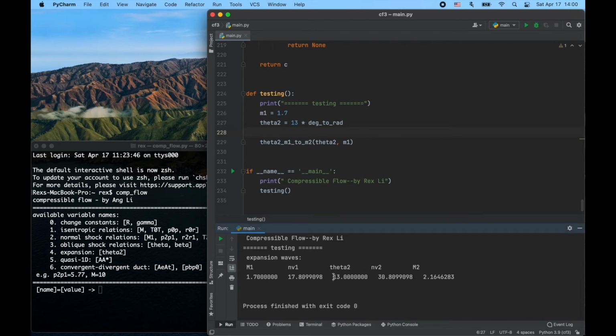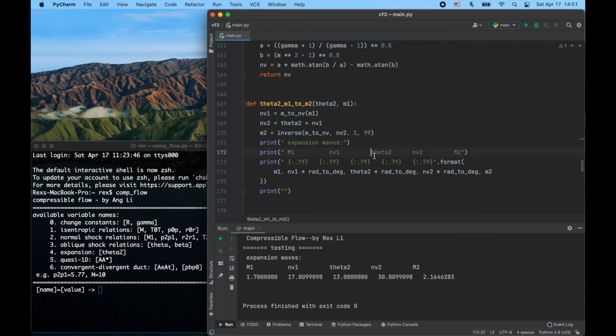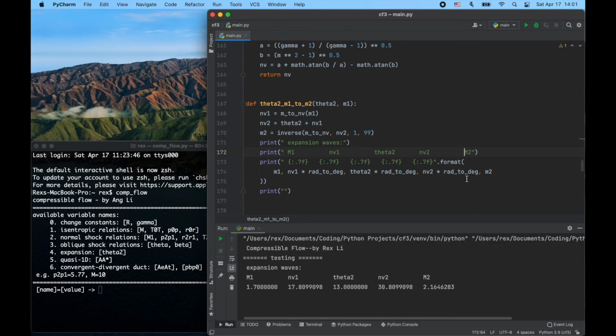Theta 2 is 13 degrees, nu 2 is this number plus this number. And we find M2, and that is larger than M1. It looks all right. Maybe I can move this one a little bit. This one is moving back 1 space, this one another 1 space, this one another 1 space. All right.